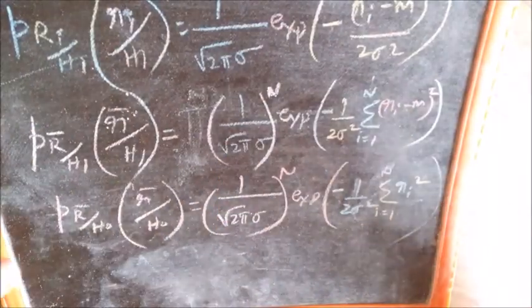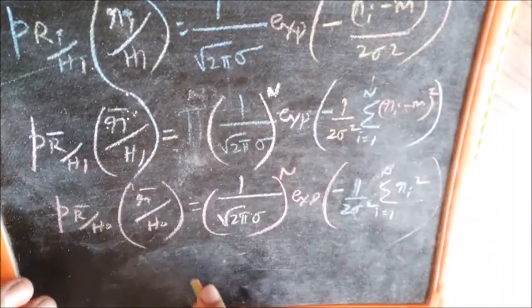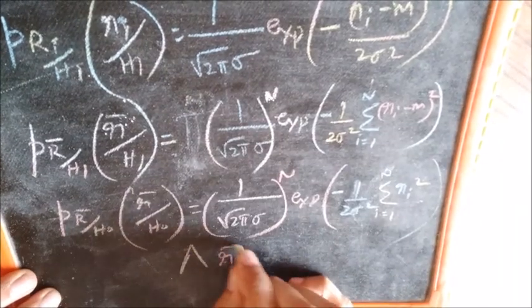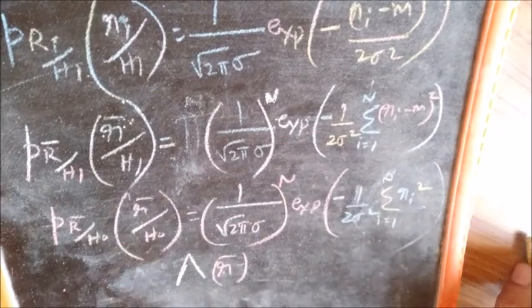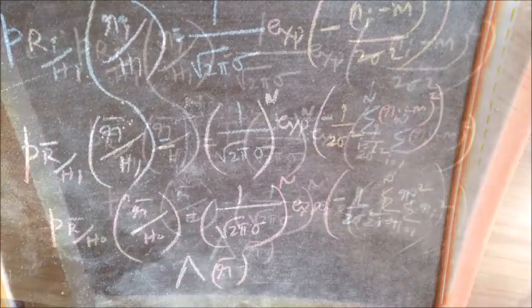So now that you have these two conditional density functions, you can go ahead and find the likelihood ratio and proceed with the development of the decision rule for this specific example.